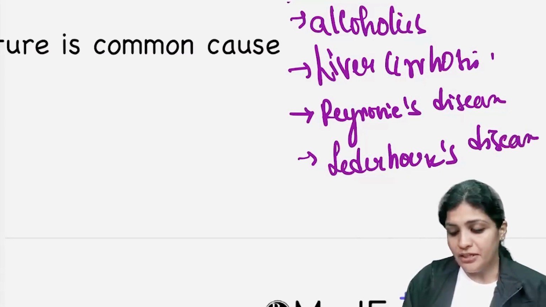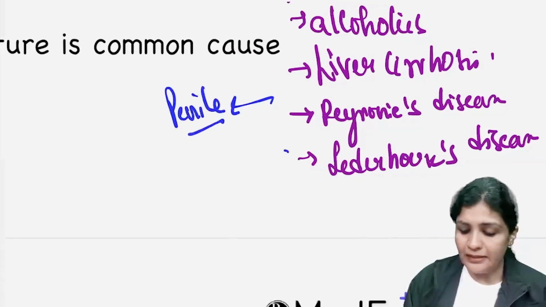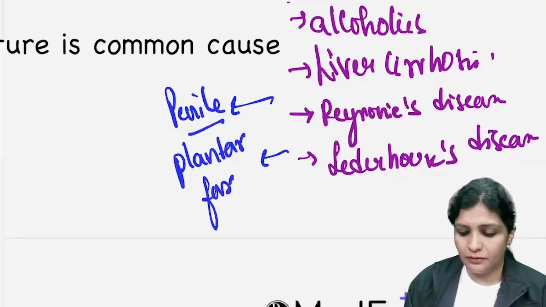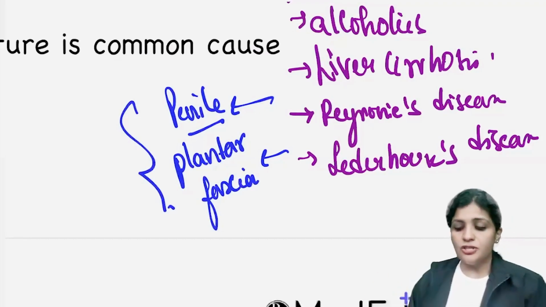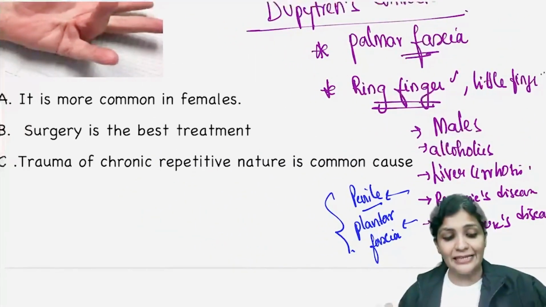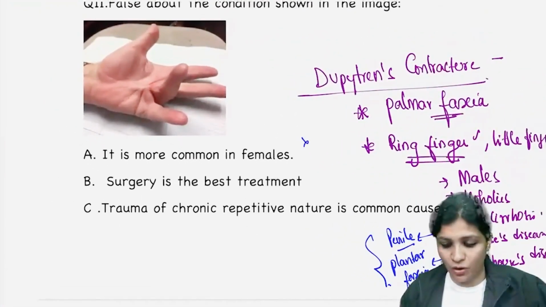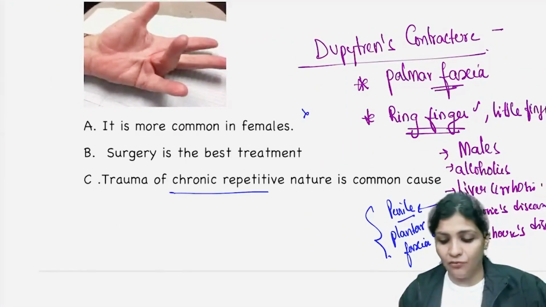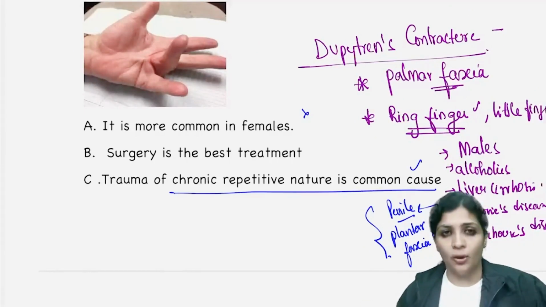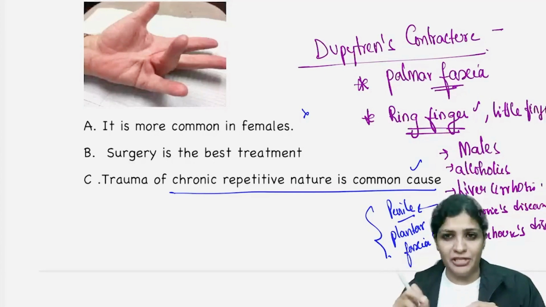Similarly, the same fascia: this is the penile fascia, and this is your plantar fascia. Understood? So this is Dupuytren's contracture. What you have to remember is that it is mainly seen in males. The statement that it is more common in females is wrong, and usually chronic repetitive trauma is the most common cause. They are always irritating that palmar fascia.